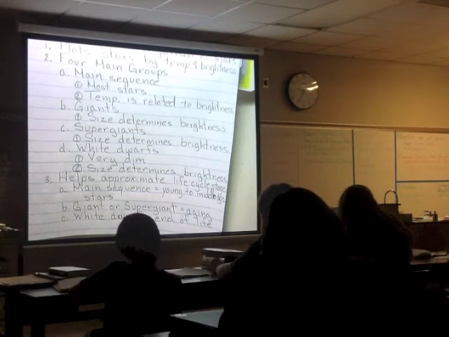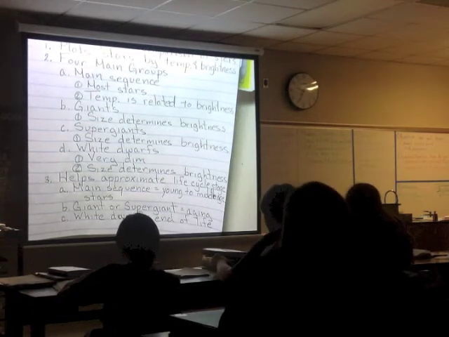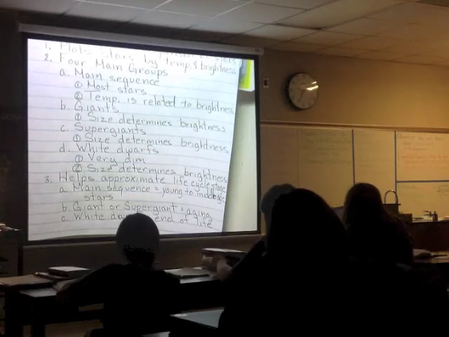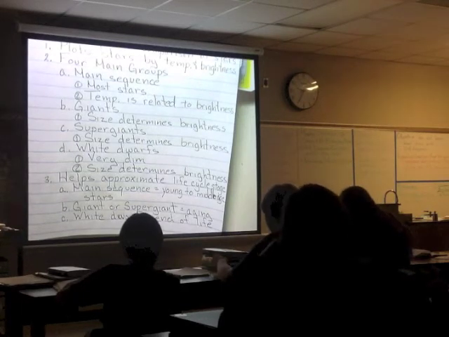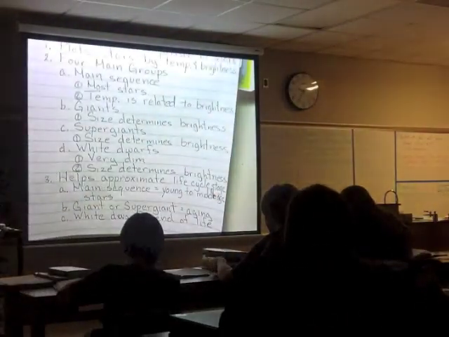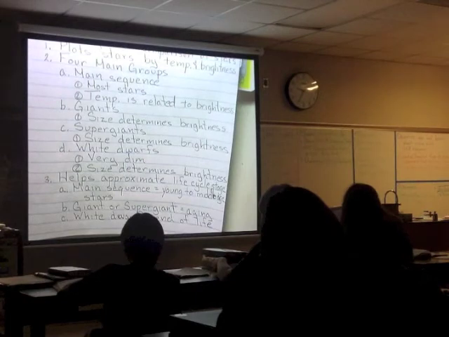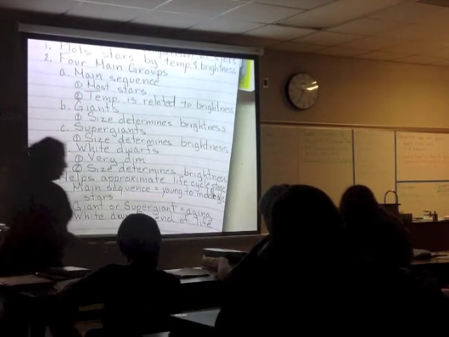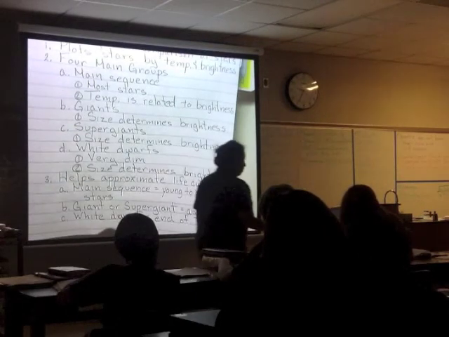So all stars start as a nebula, where it's just gas and different particles, and the gravity starts pulling everything together. Chemical reactions called fission and fusion occur. It makes a star, and the star becomes a main sequence star. So it's a young star. As time goes by, it goes into middle age, still a main sequence star.